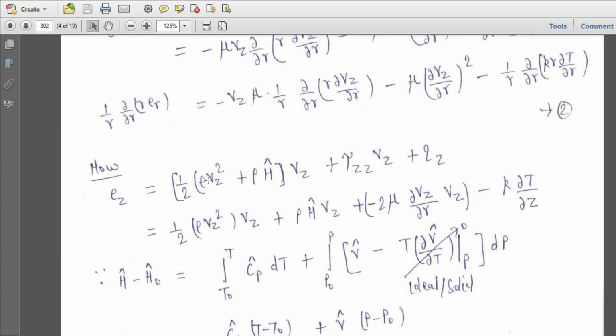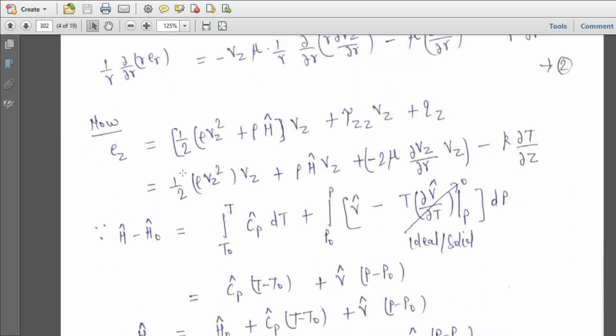Now Ez you already have, so Ez equal to 1 upon 2 rho V square plus rho H cap Bz, tau Zz Bz plus Qz. So you can substitute the expression here.